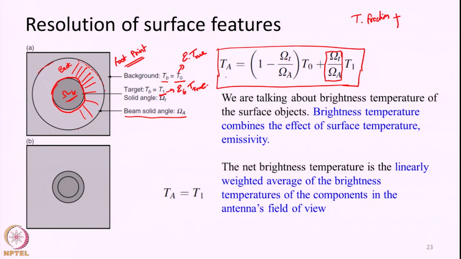So, this will be the net brightness temperature that will be reflected in the sensor.